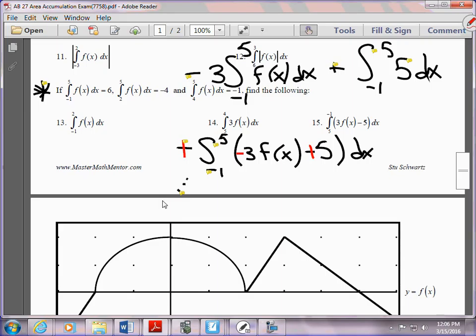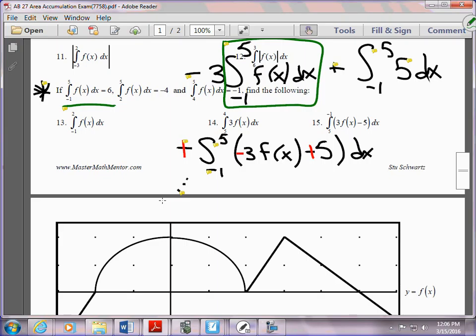Now this, they gave us right here, that's 6. So I have -3 times 6, and that one I have to do on my own. You actually have to take the antiderivative of the 5, plug in the 5 and the -1, and subtract.